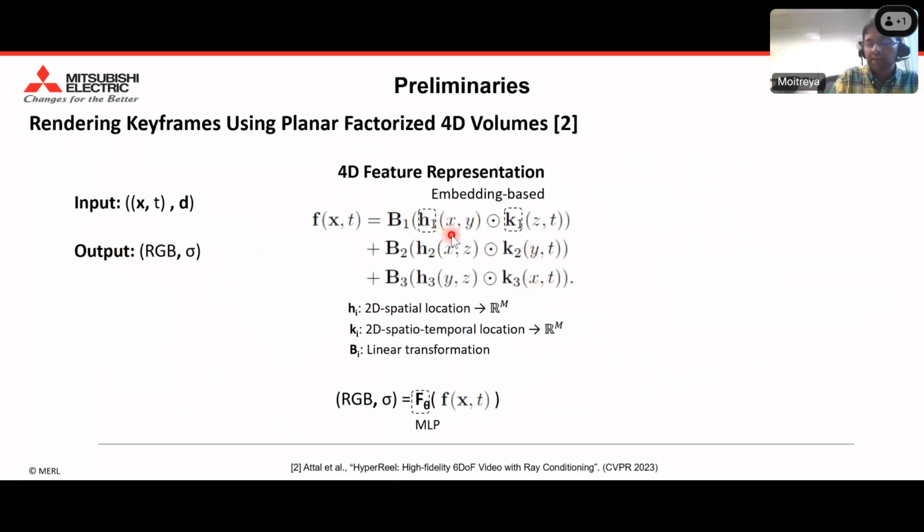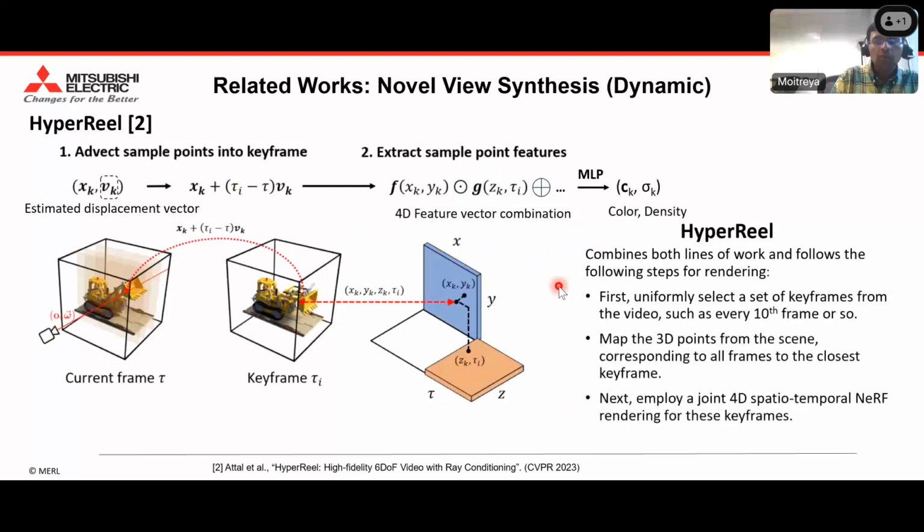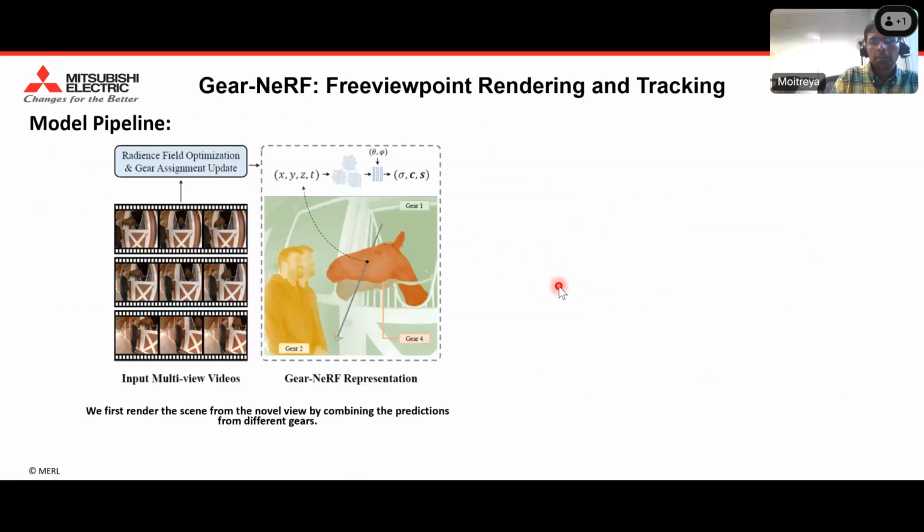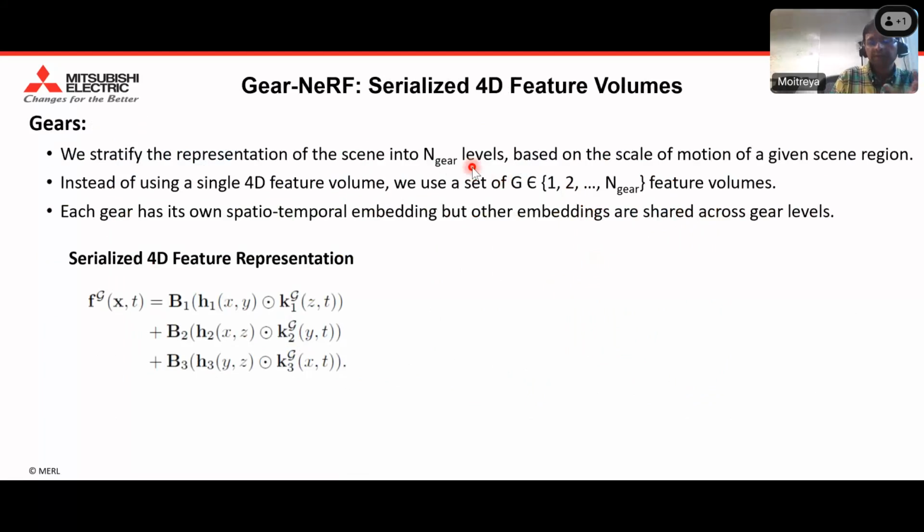Given any XYZ t, they always have the same embedding function that they're using to render the scene. But what we are saying is, we don't necessarily have to have the same neural embedding, agnostic to the semantics of the scene. Instead, we can group the scene based on the extent of motion and learn a different embedding depending on the extent of motion. And in particular, we'll have a shared representation in the spatial domain.